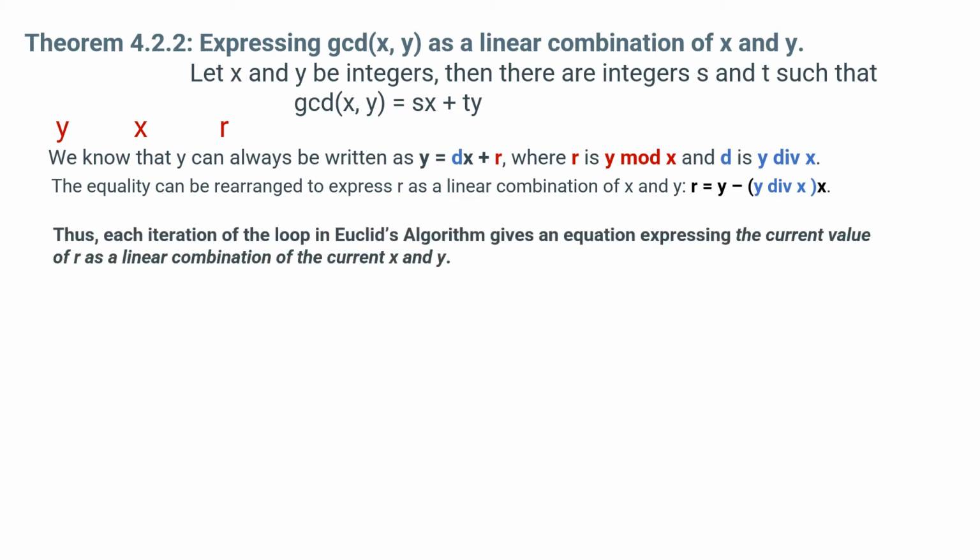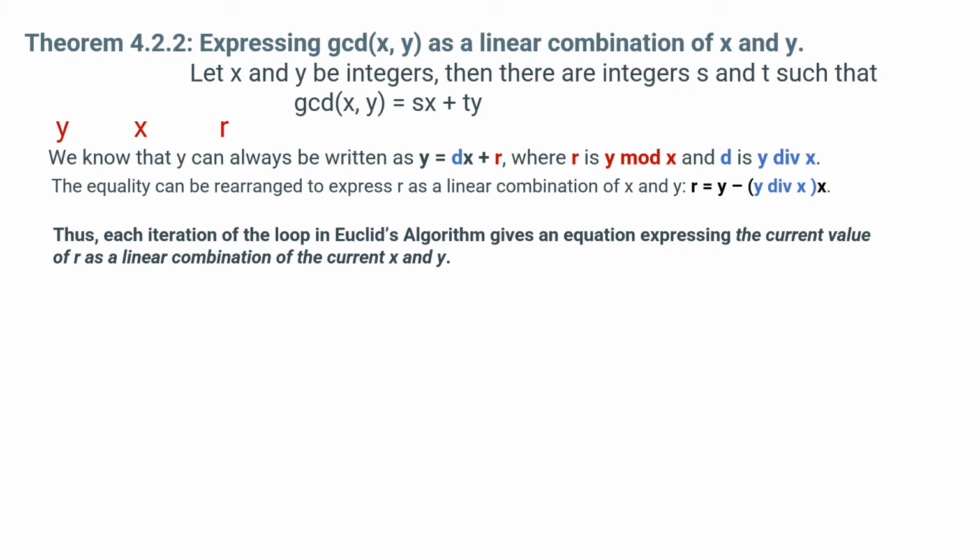Okay, so each time we loop through Euclid's algorithm, we can come up with an equation that's expressing the current value of r as a linear combination of the x and the y, right? Because up above we've got r equals y minus something times x, and y div x, that blue part there, will be an integer.